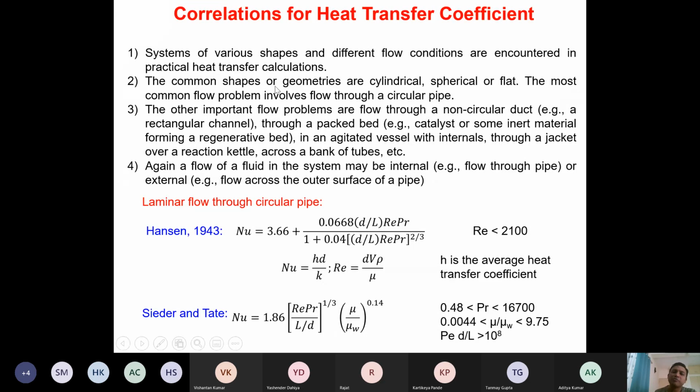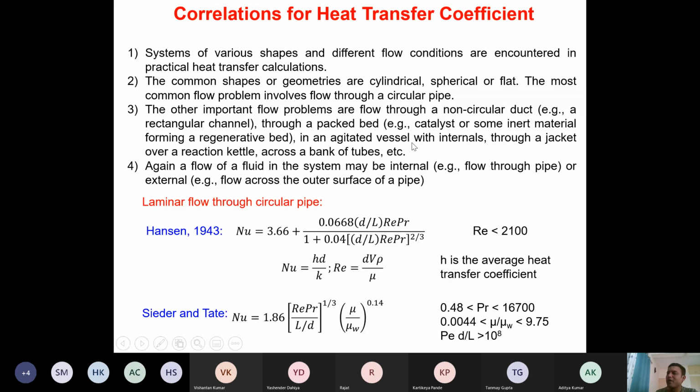For common shapes or geometries such as cylindrical, spherical, or flat geometry, people have made correlations. The most common flow problem involves flow through a circular pipe. The other important flow problems are flow through a non-circular duct, such as a rectangular channel, or through a packed bed, which could be a catalyst packed in a packed bed reactor.